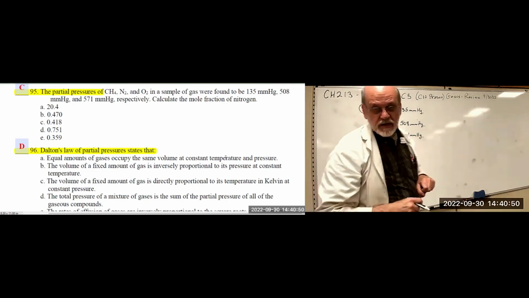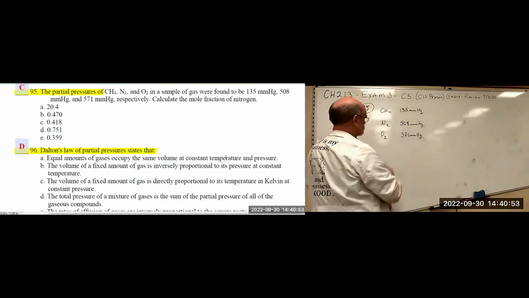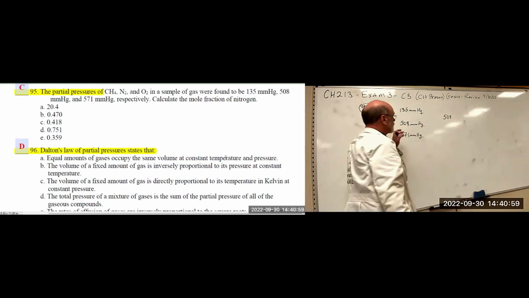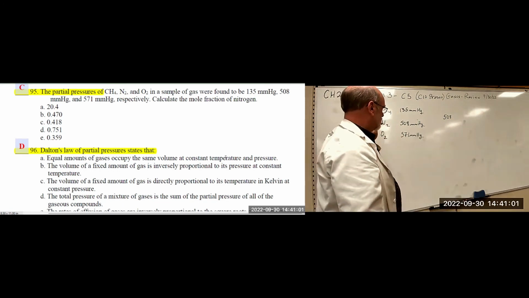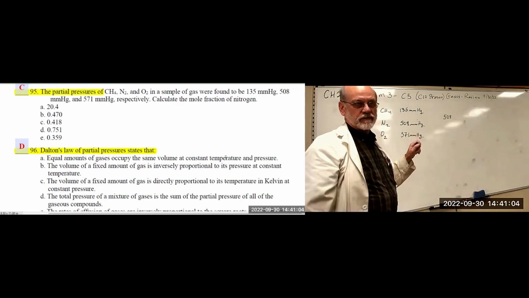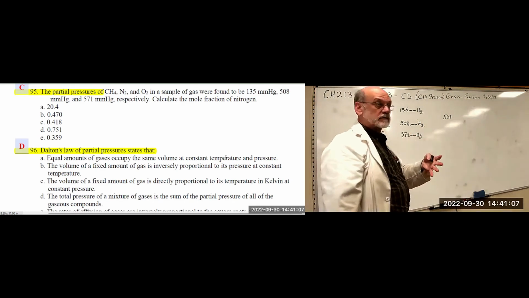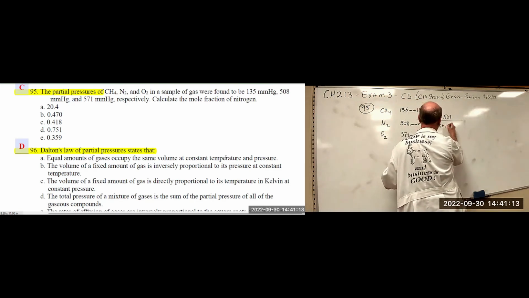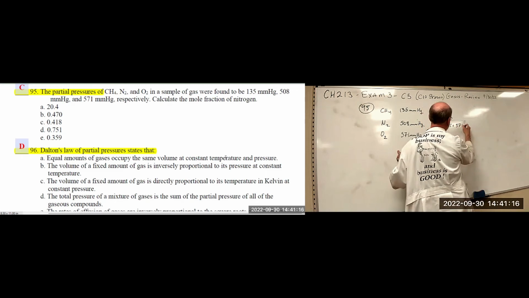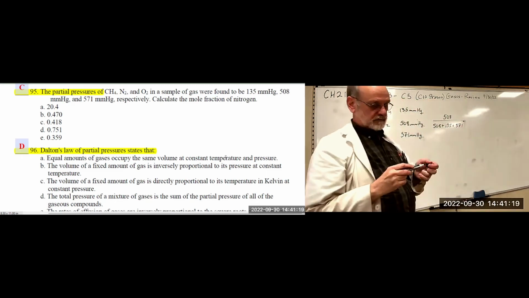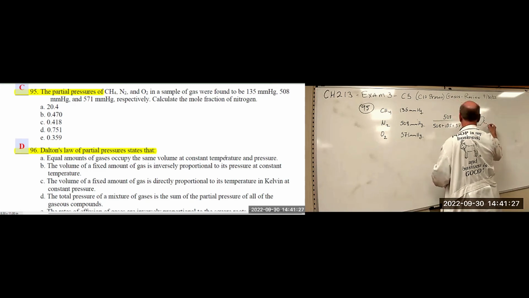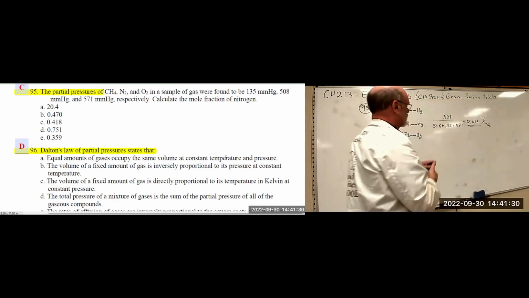The question is, what's the mole fraction of nitrogen? Remember that moles are proportional to the pressure, according to Avogadro. So we can say 508 divided by 508 plus 135 plus 571. That's the mole fraction, and it should be 0.418. Mole fraction of nitrogen. Okay?